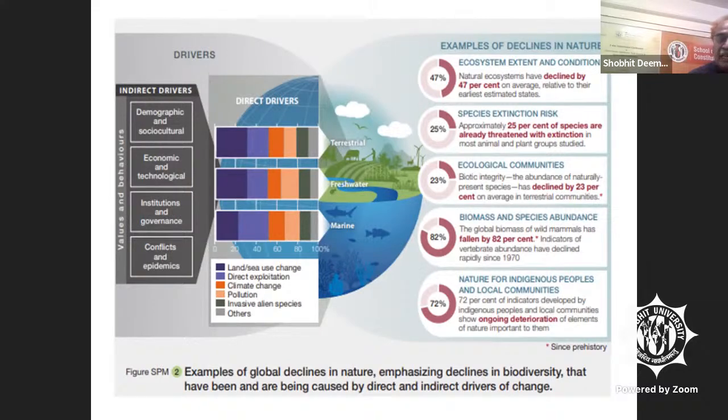Nature and indigenous peoples and local communities, 72% are being degraded due to climate change and environmental degradation. We have calculated how much percentage of effect there is from each type of factor.